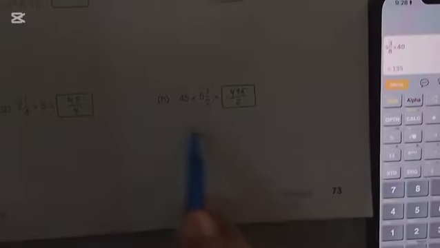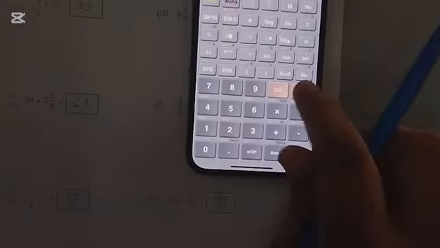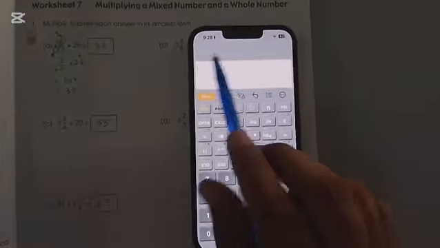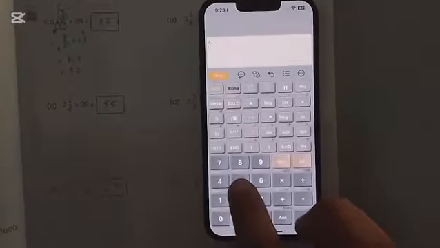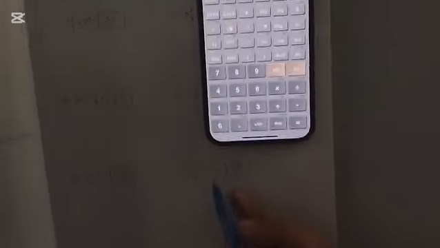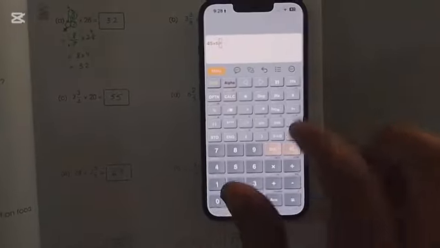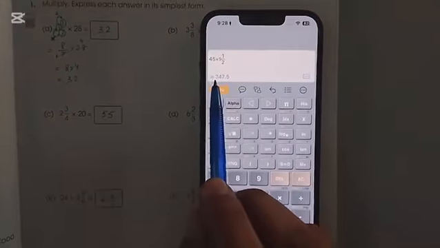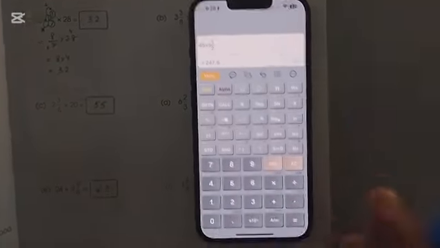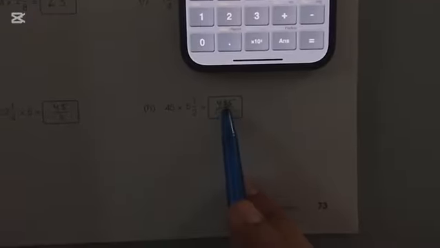I can show you part H, that is 45 multiply 5 and 1 over 2. Click AC, which will clear all our calculations, and type 45 multiply, and then we have a mixed number. For a mixed number we click shift and the fraction button, and we have 5 and 1 over 2, so we write 5, 1, 2. Click equals. This gives our answer in decimal, but we need it as a fraction, so click SD. You will get 495 over 2. So this is our answer, 495 over 2.